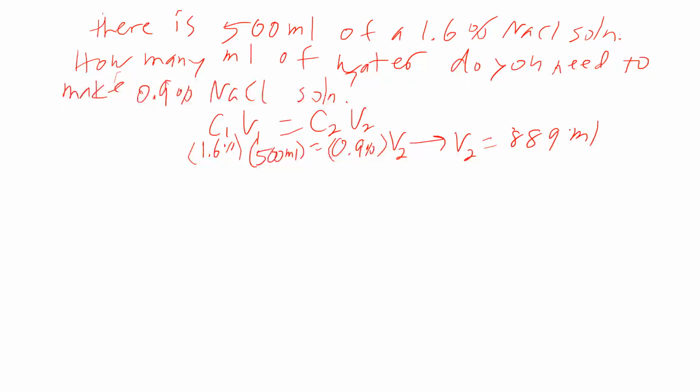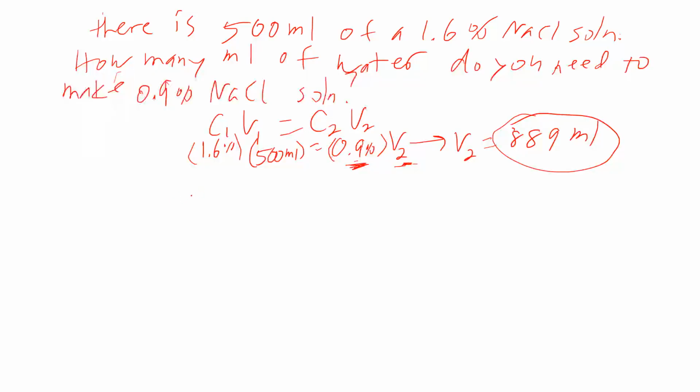Now remember, how much do you need to make 0.9% sodium chloride? So this is how much 0.9 there is, and this is the total volume of the 0.9%, the total volume of the product when you mix everything together.